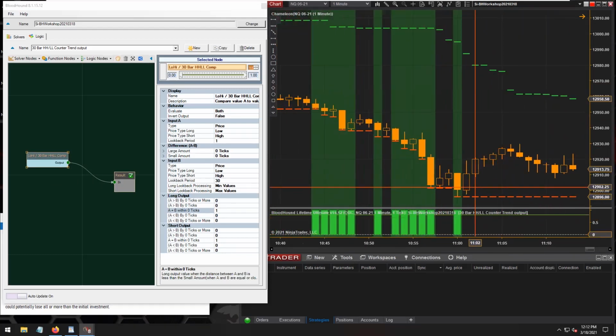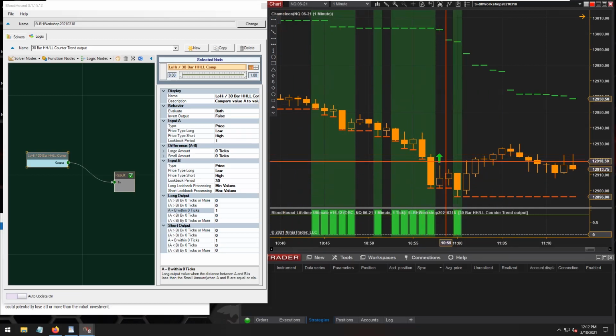So let's take a look. Yeah, here we go. So we have this down bar here. And if the next bar is an up bar, since Jerry's not being very specific, I'll just do something simple, right? So if the next bar is an up bar, like right there, or like right here, we could generate a long signal there instead.